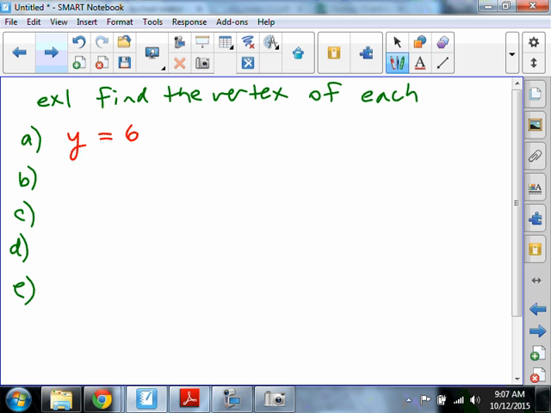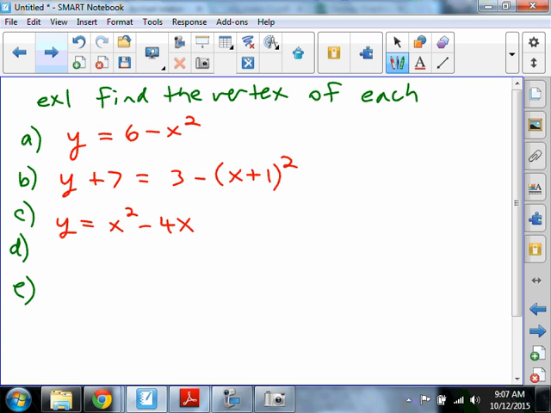A: y equals 6 minus x squared. B: y plus 7 equals 3 minus the group of x plus 1, the quantity squared. C: y equals x squared minus 4x.